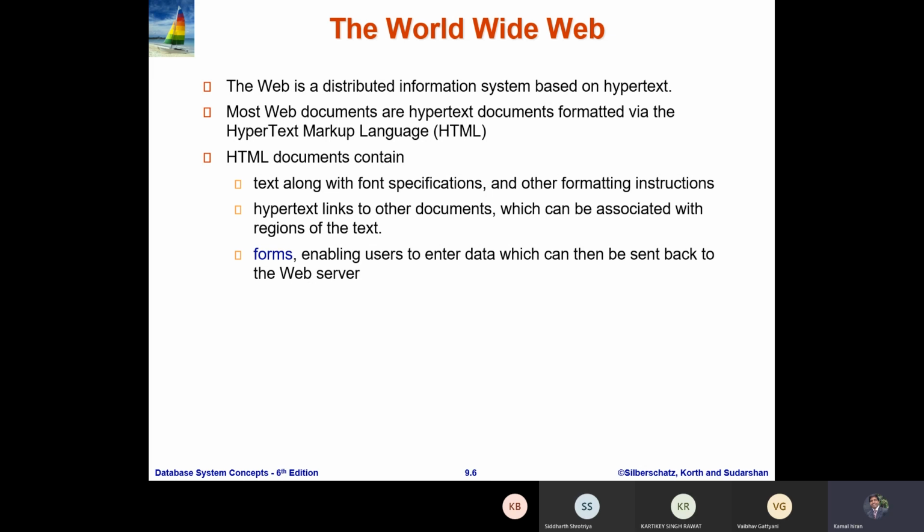We use WWW because it is the distributed information system, and the first language which came for website development was HTML, hypertext markup language, which we know very well because you have done some practicals in HTML.